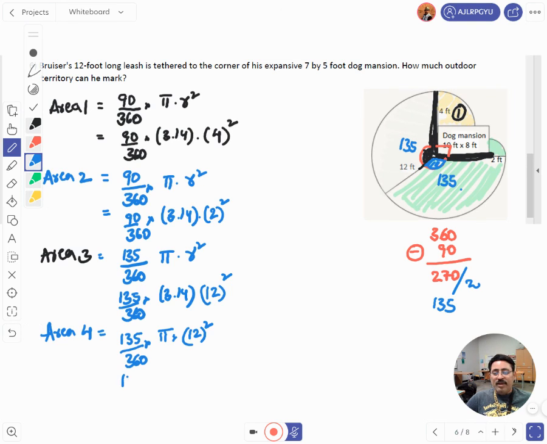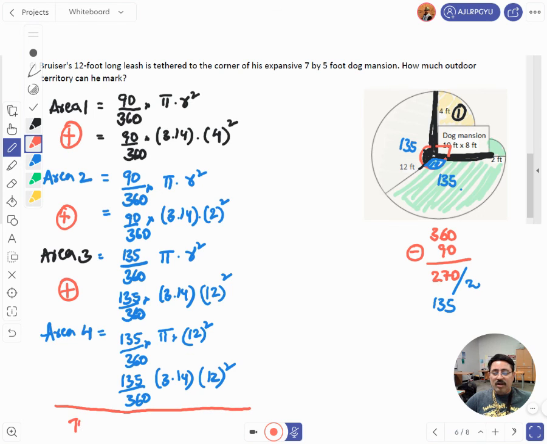Now 135 over 360 times pi value 3.14, radius is 12, radius square. The last part is when you add all these four areas, you get the total area.